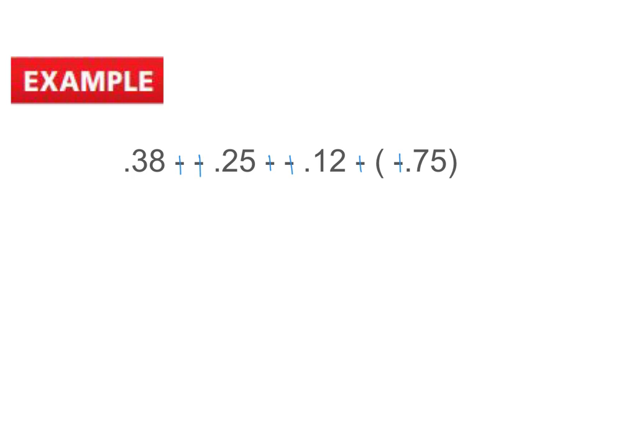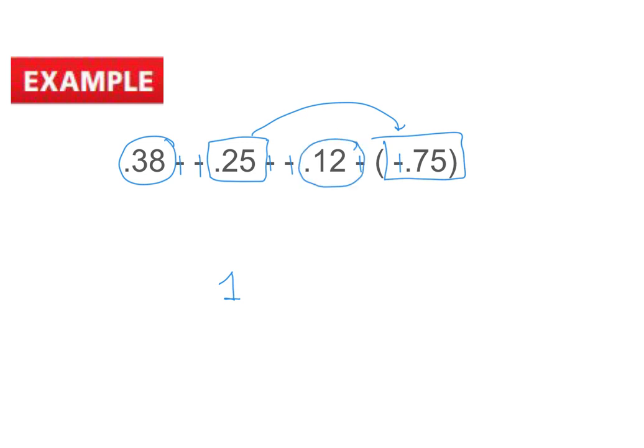And what I notice is I want to put the 0.25 with the 0.75 because I know that 0.25 plus 0.75, that's mental math, and that is 1. I also want to put the 0.38 and the 0.12 together because I know that 0.38 plus 0.12 is 0.50.